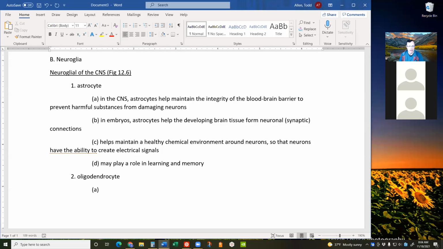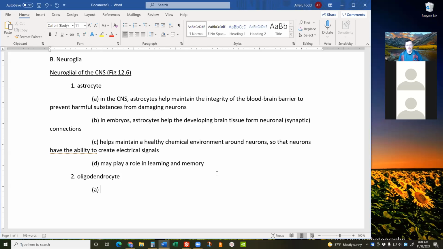I have definitely encountered students in the past who are aware of myelin sheath, but for some reason tend to think that it's only a peripheral nervous system thing, and that's not quite true. There is myelin sheath in different areas of the central nervous system, but its composition is a little bit different from the myelin sheath you see in the peripheral nervous system.